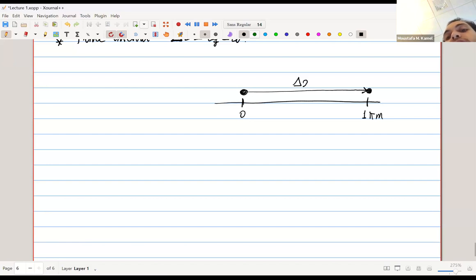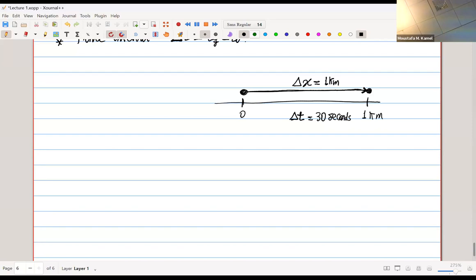So this is the displacement, delta x, the vector displacement. And this change happened during a time interval delta t, the time elapsed. Delta t, let's say it was 30 seconds. Okay, so delta x is 1 kilometer and delta t is 30 seconds.